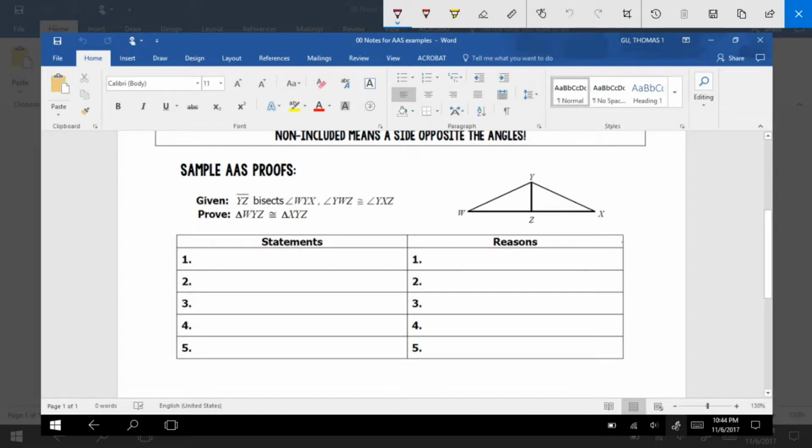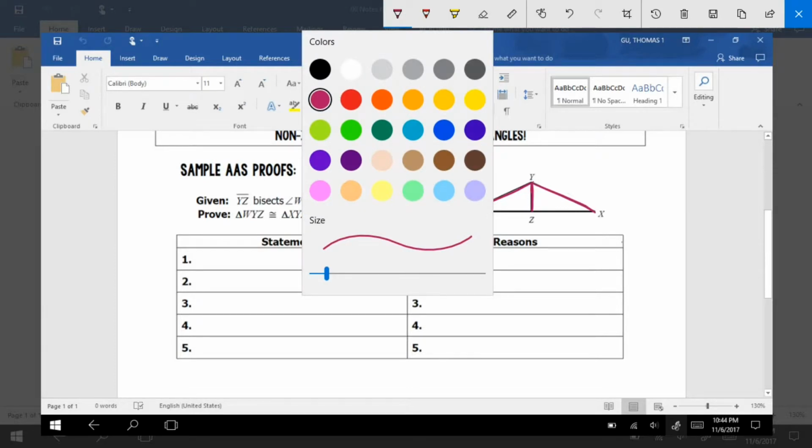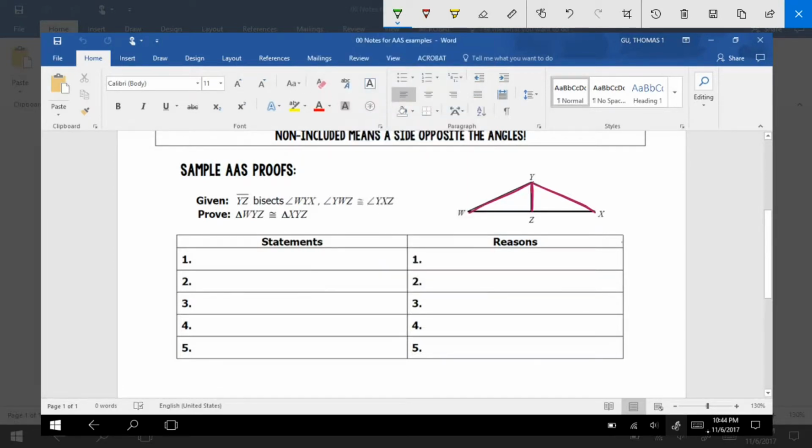So let's look at the given. We always start with the given and we label what we can see. So YZ, that's right here, bisects angle WYX. If it bisects, what does that say about the angle WYZ and angle XYZ? That's saying that angle WYZ and angle XYZ are congruent. They're congruent.